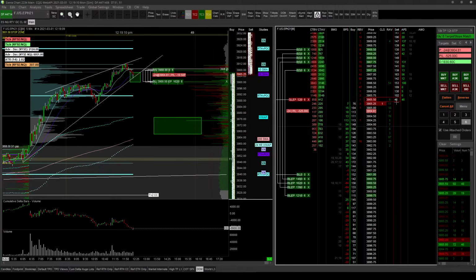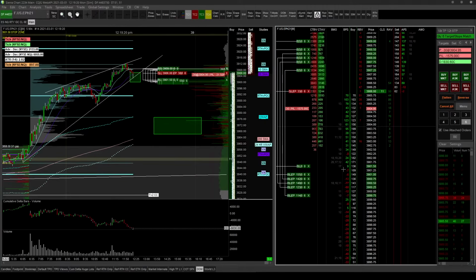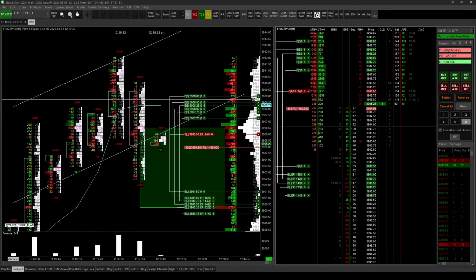Whoop, there it is. Look at the algos. Pooling, pooling, pooling. All right, let's see if they go hit the bid now. Fill it back in. All right, 3-point rotation. There it is.